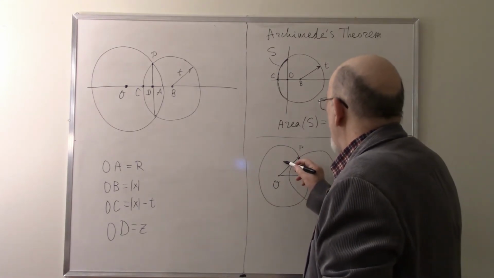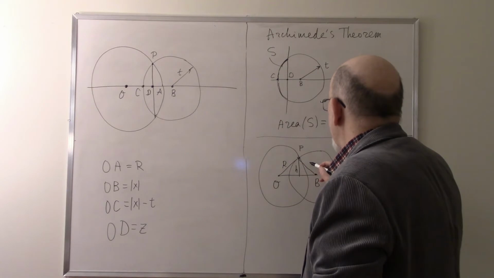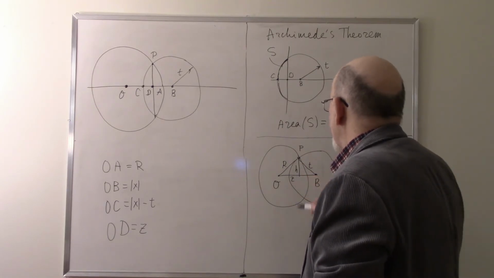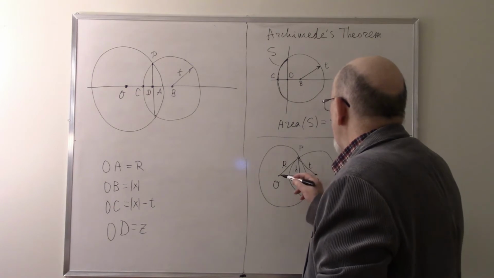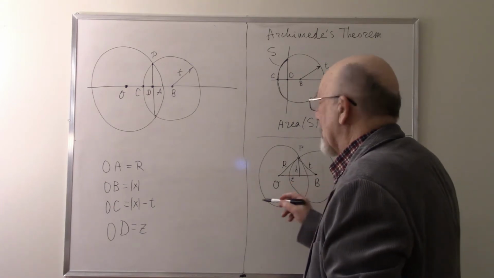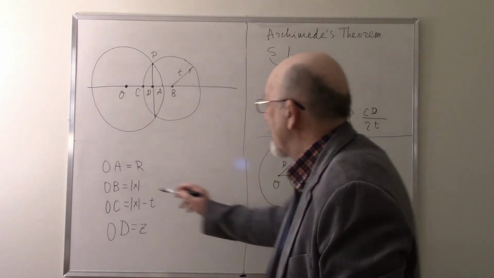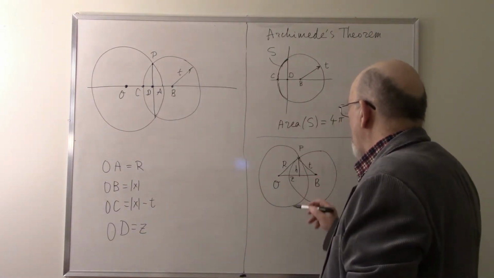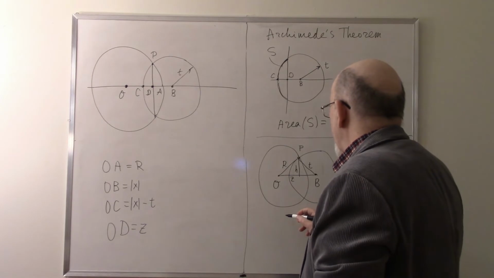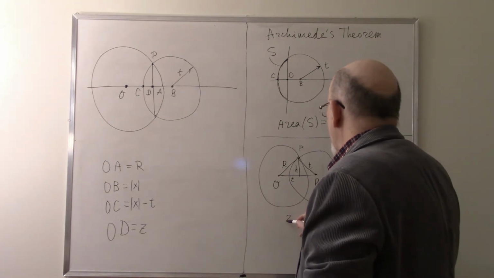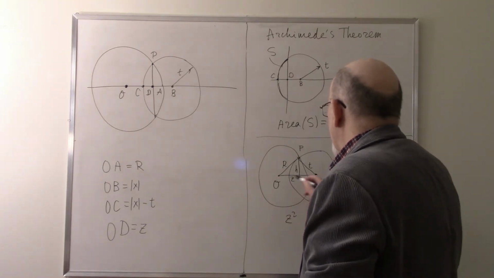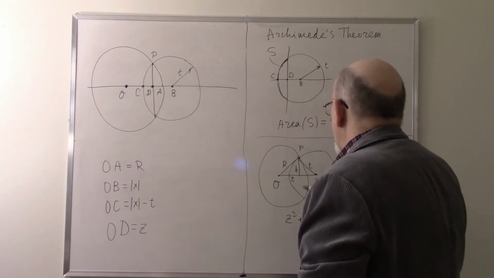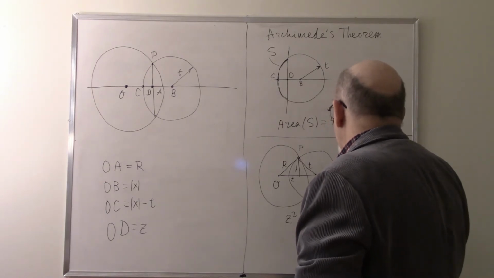This is R, this is T, and this is Z. And OB is module X. Then by Pythagoras theorem we have Z square plus H square equals R square.